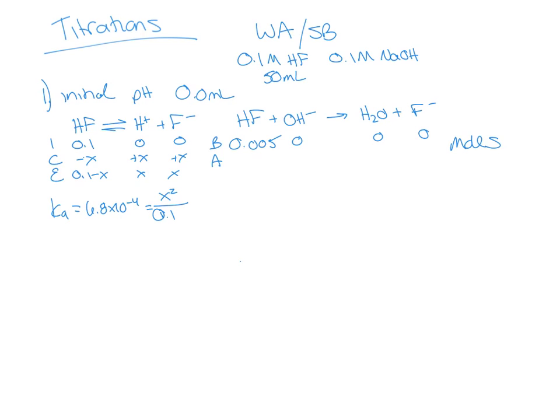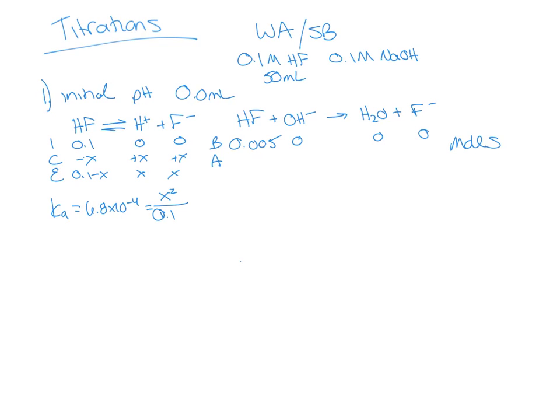I'm going to assume that 0.1 minus X is small enough that it's not going to make a difference. So I'll do 0.1 times my Ka. I'm just guessing that that's the Ka. I'm just trying to remember, so forgive me if it's wrong.